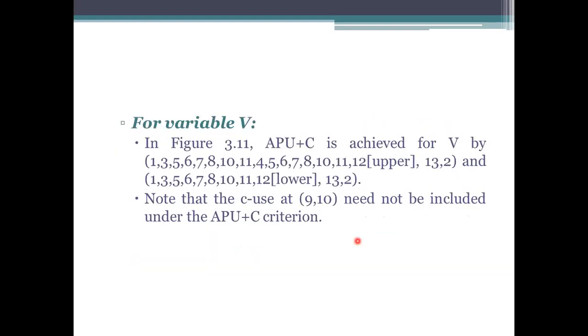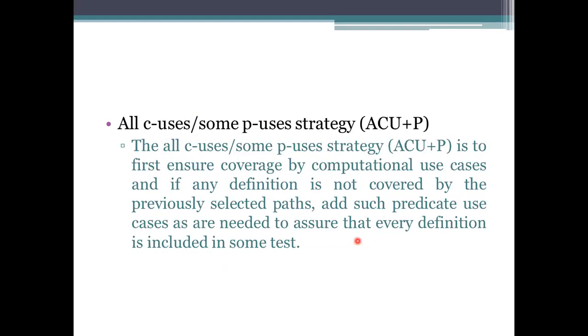Okay, and coming to the next one, all c-uses and some p-uses, each and every definition which we are providing has to be used in each and every computation, and sometimes we can use it in predicates, but that is also not possible.